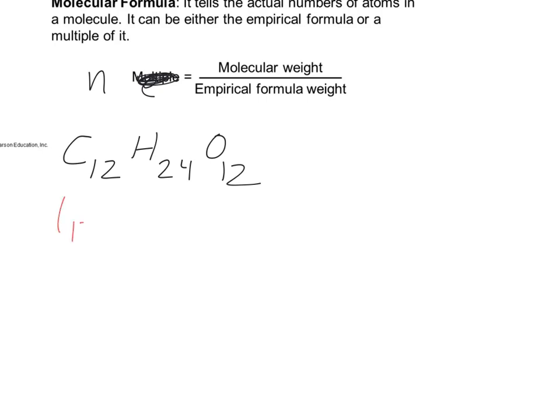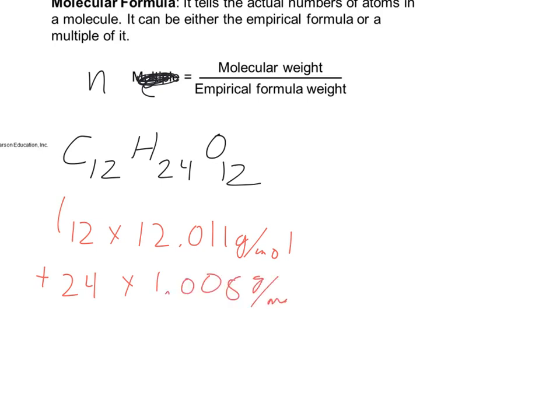We've got 12 carbons at 12.011 grams per mole, plus 24 hydrogens at 1.008 grams per mole. By the way, if you don't have your periodic table out to do this lecture with me, pause me and get one ASAP, because we are going to be doing molar masses faster and more rapidly than you've ever thought possible in your entire life. So get that periodic table out and have it handy in front of you.